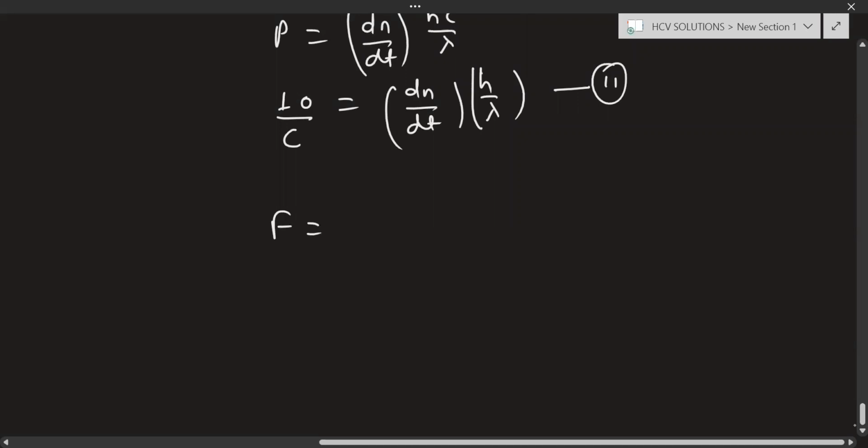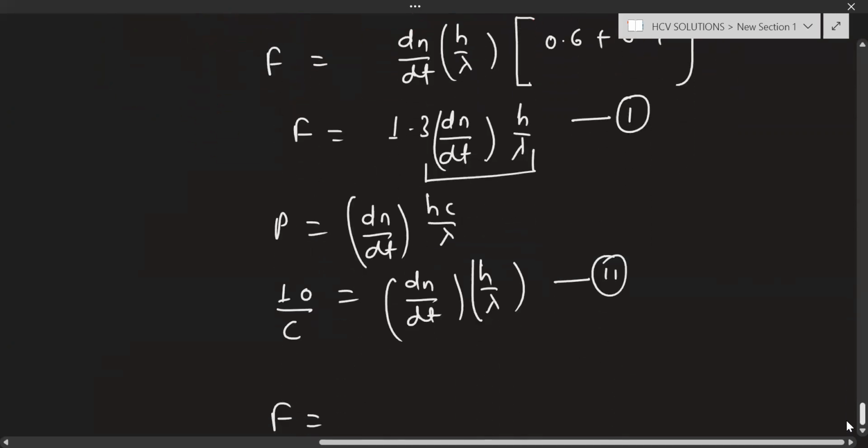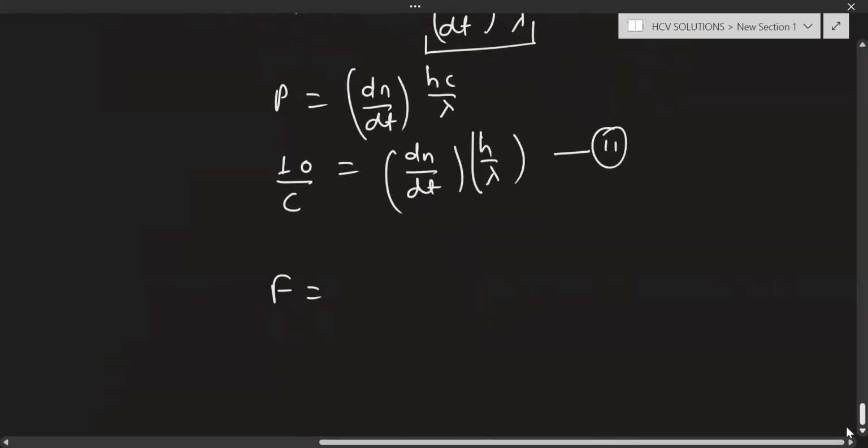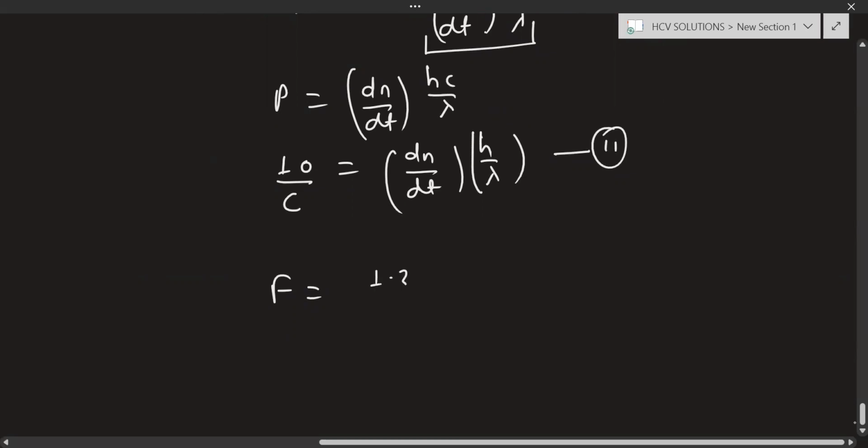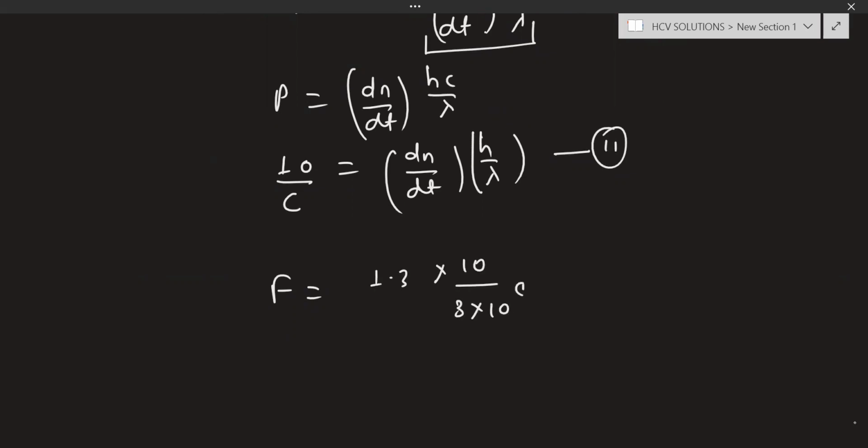So the force is 1.3 times 10 by c, where c is 3 into 10 to power 8. Multiplying, 13 divided by 3 gives about 4.3, times 10 to power minus 8.